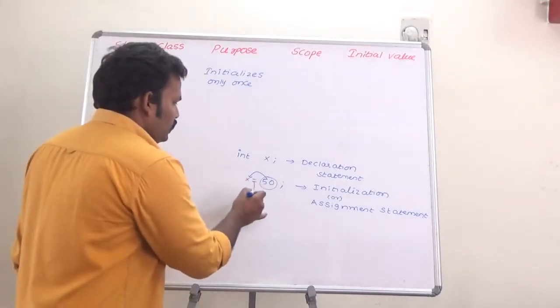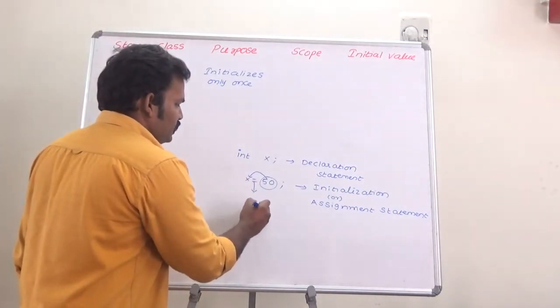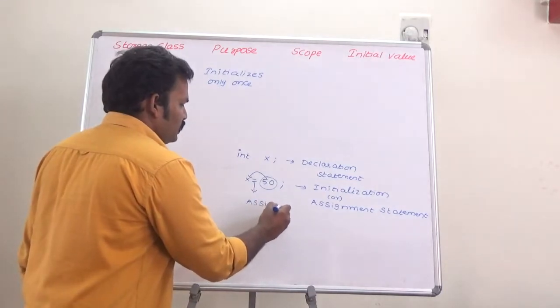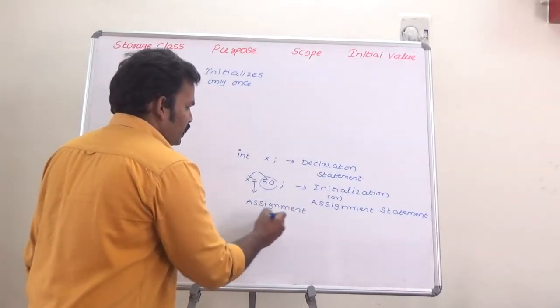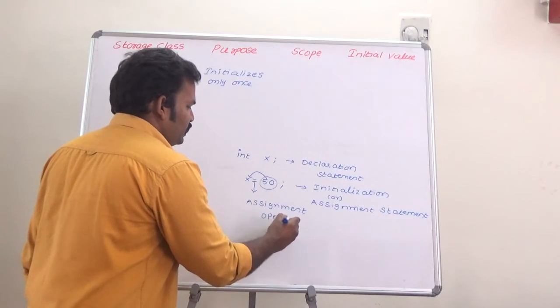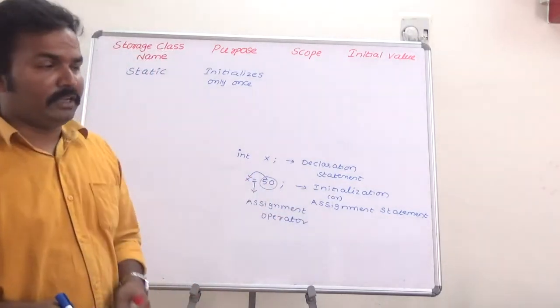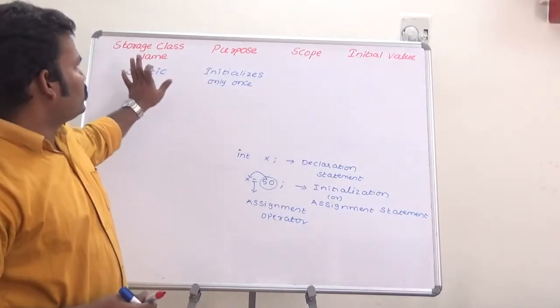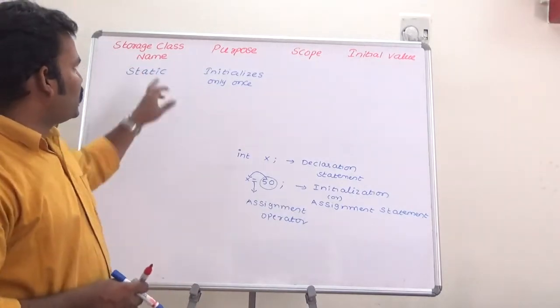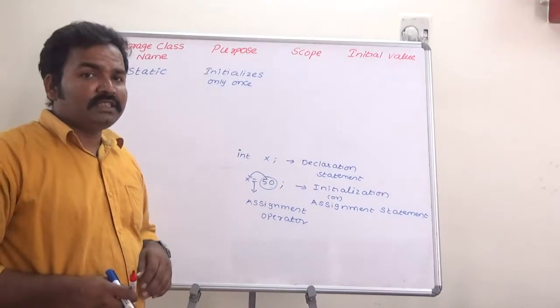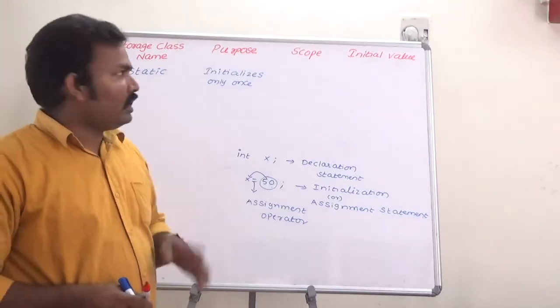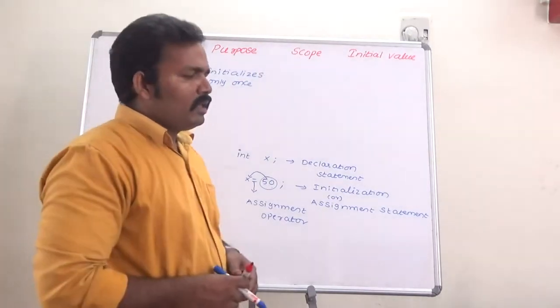We are using the equal operator, which is the assignment operator. The assignment operator is used to assign the right side value to the left side variable. So a static variable is initialized only once.